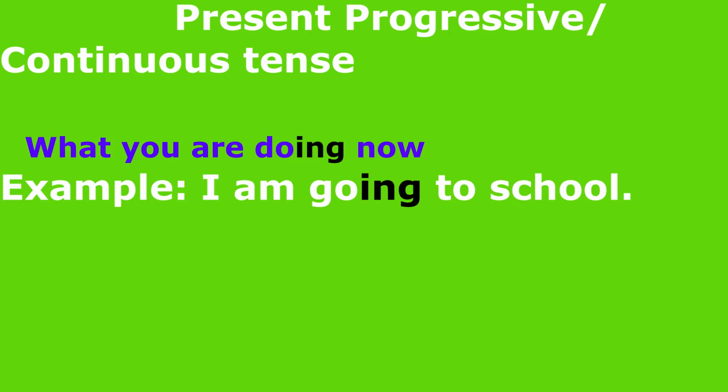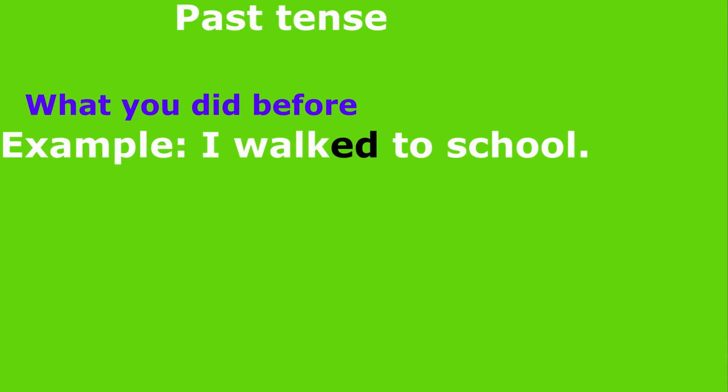So for example, I am doing. "Do": I do is simple present. I am doing is present progressive.